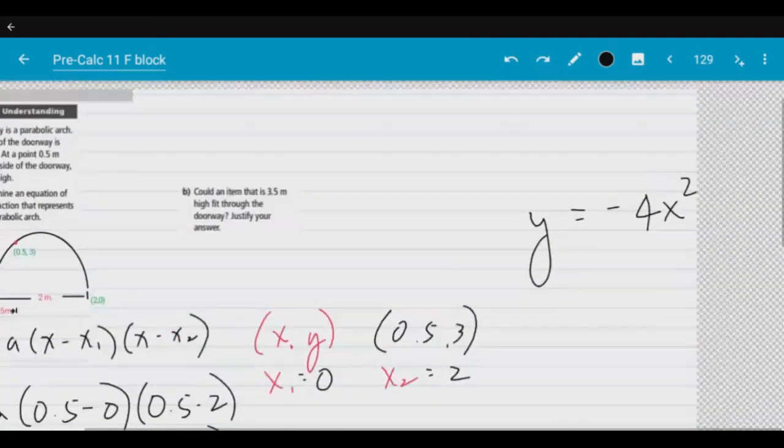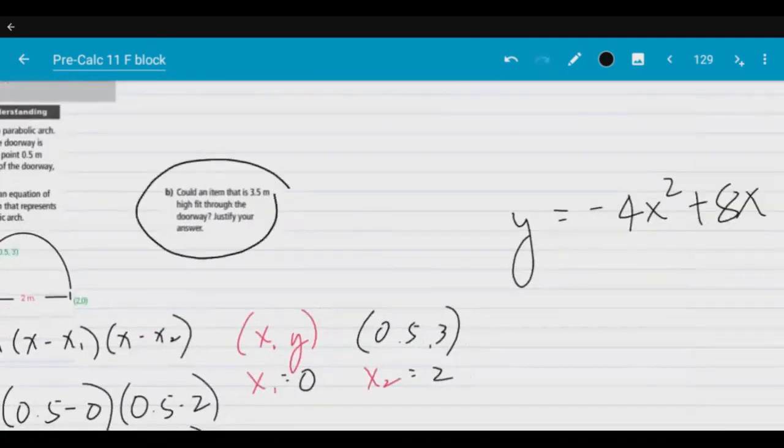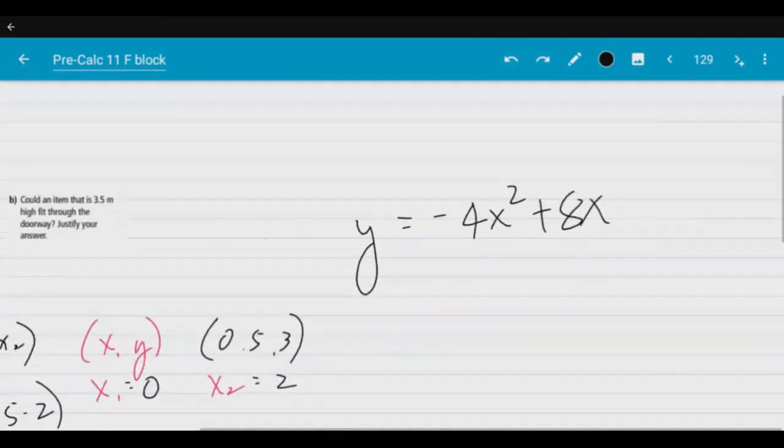So how can you figure out whether an item this tall can fit through the doorway? Well, what if we figure out what the vertex is so that we can tell what the highest point is? If the highest point of the parabola, which is the vertex, is more than 3.5, then that means it can fit, all right? So let's see.